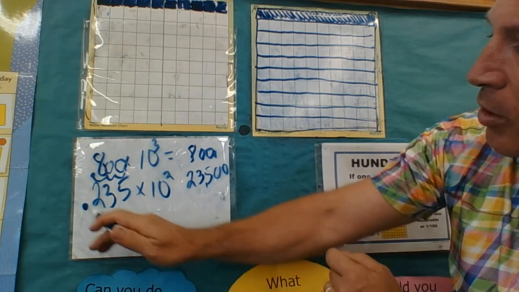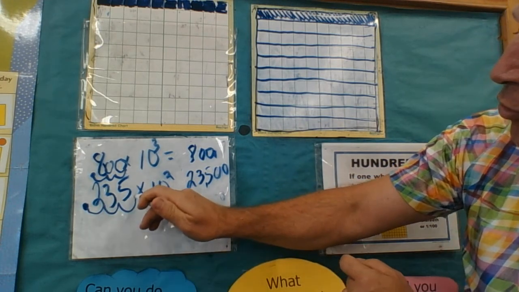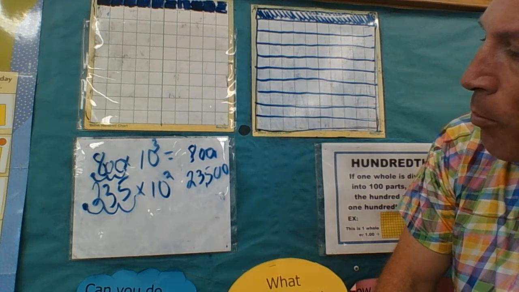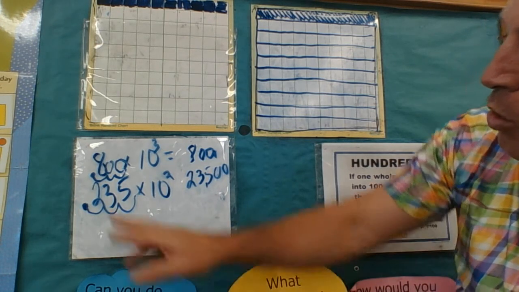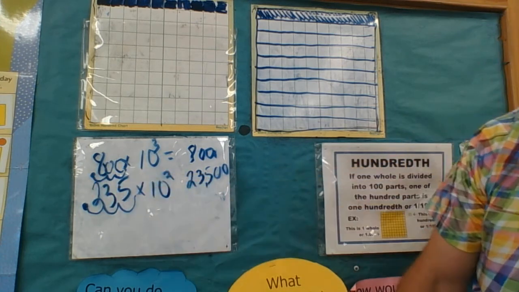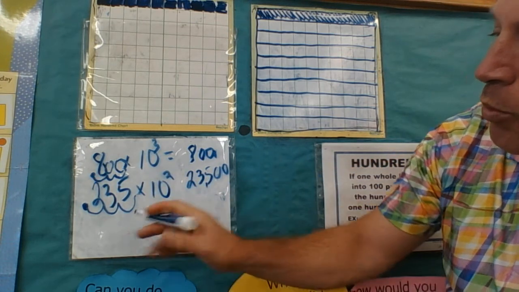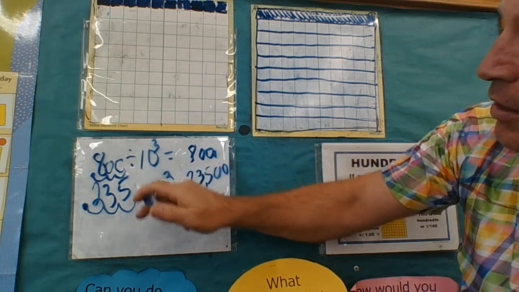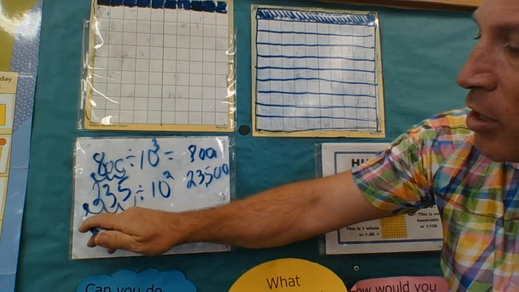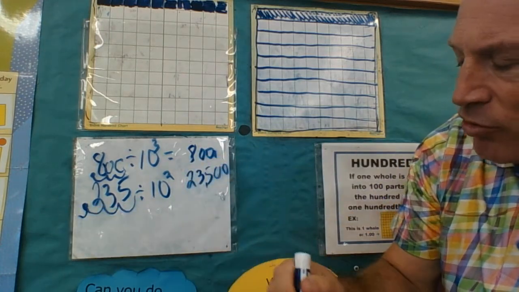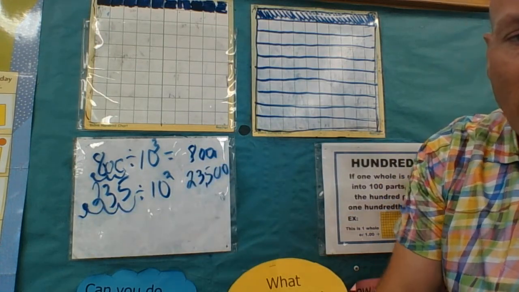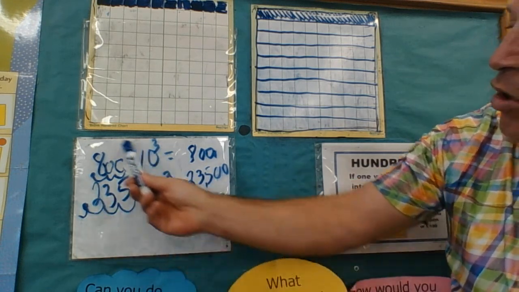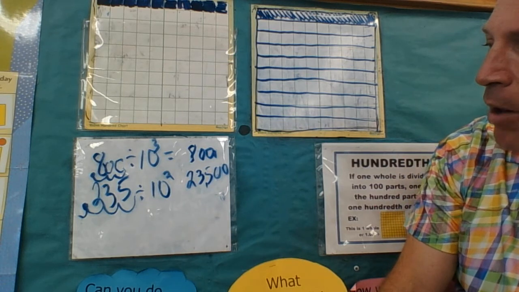So what we are doing when we are multiplying by powers of 10 is moving the decimal point to the right. And then if we're dividing by powers of 10, the decimal point moves to the left. Just a simple introduction for right now.